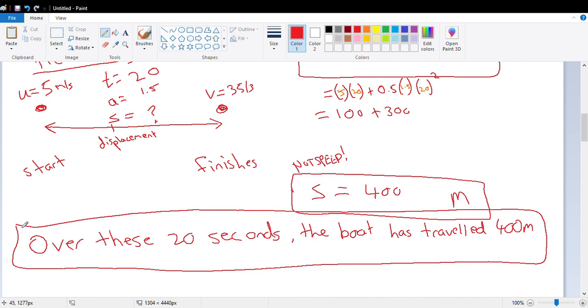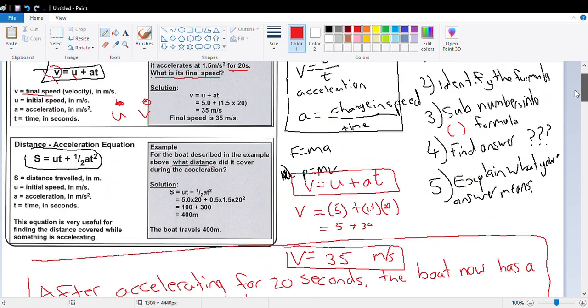Okay, perfect. Please follow that 4 or 5 step process with your questions on the following page. Just be aware, sometimes once you find your formula, you may have to rearrange it to get your answer. And I know in Year 10 Maths, the last topic that you looked at was rearranging equations. So you've all had practice rearranging equations.